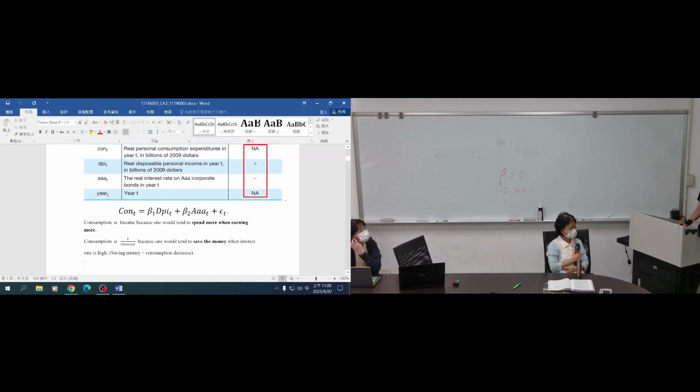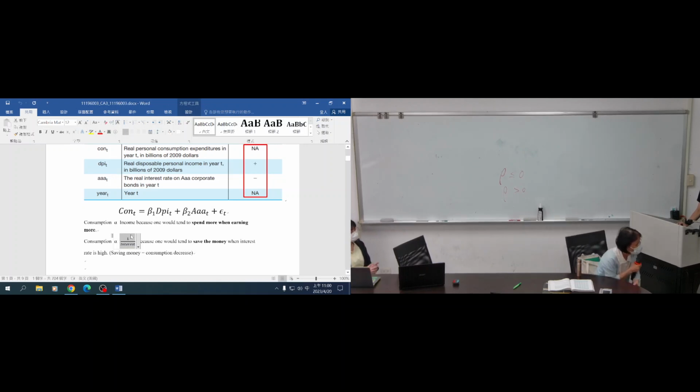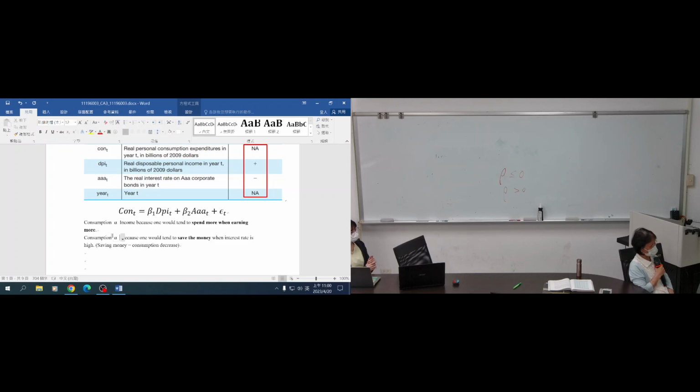And here the reason is that actually this is wrong. Here it should be negative interest. It should not be a reciprocal. What do you mean alpha? This means a positive root. What do you mean consumption alpha?